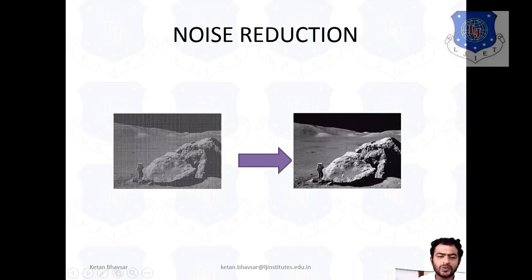As you can see in this image, it is your distorted image, and after applying the filter your image looks like this. Practically it is very difficult to achieve this type of image, but by choosing a specific filter we definitely try to achieve it.